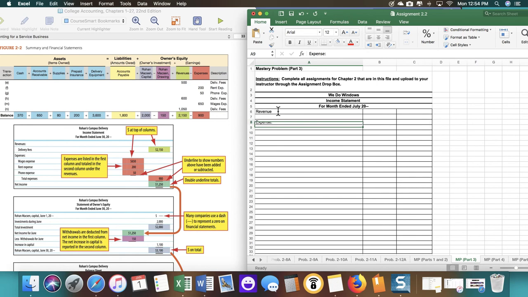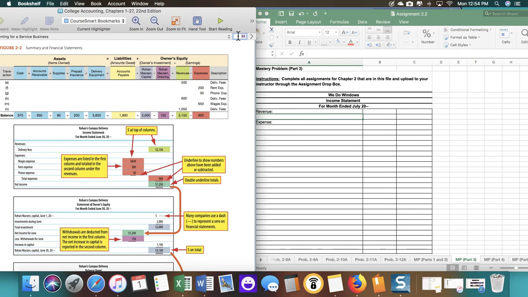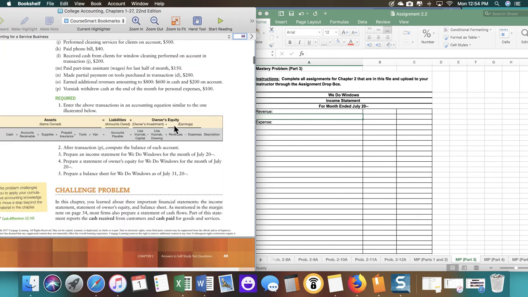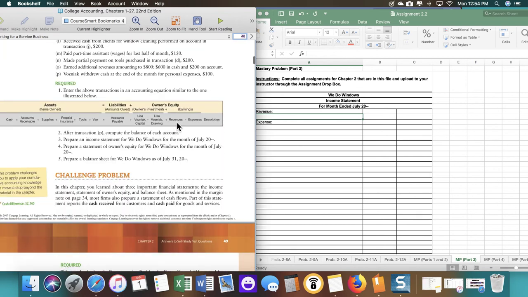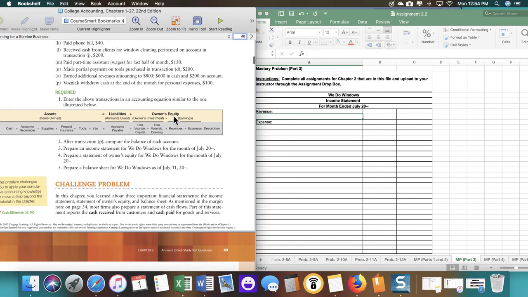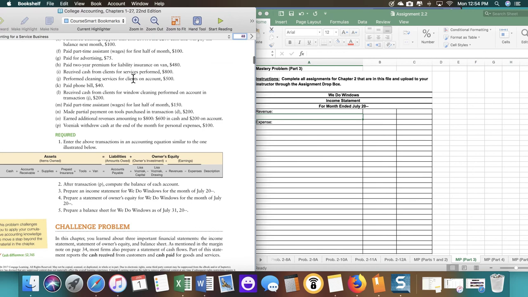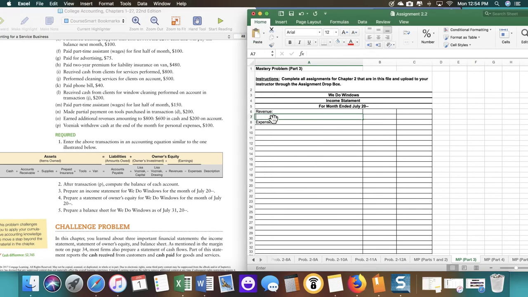Expenses, we're going to list all of our expenses for the month. Oops, so let's go back to page 48 in the textbook. Our revenue, it doesn't give us an account title, so we'll just use services.